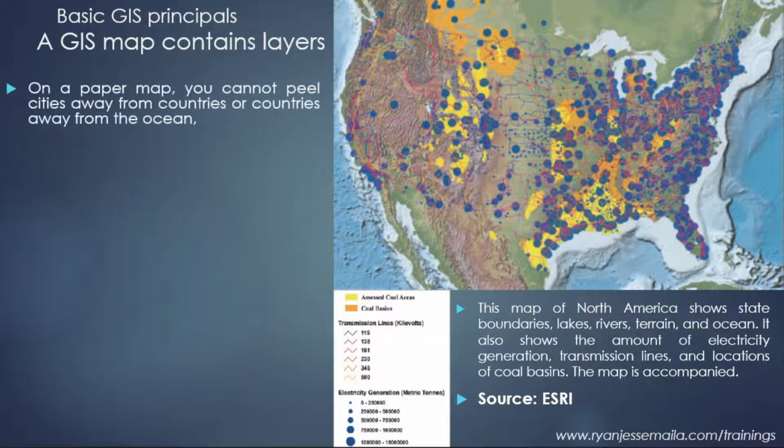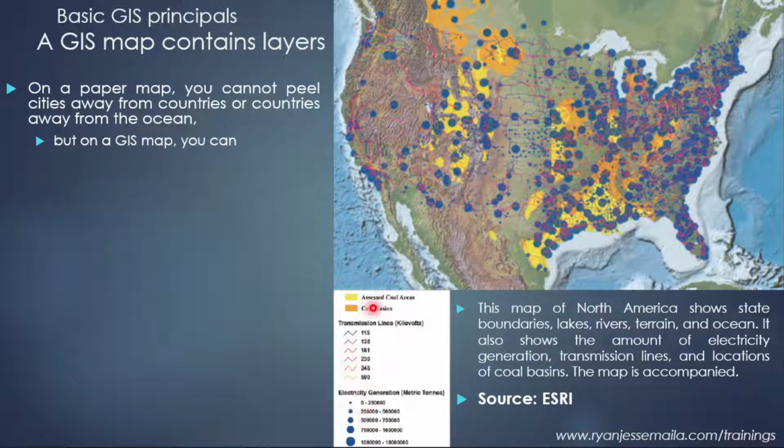On this map, before we look at this map, on a paper map, you cannot separate cities from countries from the ocean, or let's say houses from a township. But in a GIS like this, you can. And as you can see, there are different layers here, which I had already mentioned when you read here. And they are color coded with this legend.